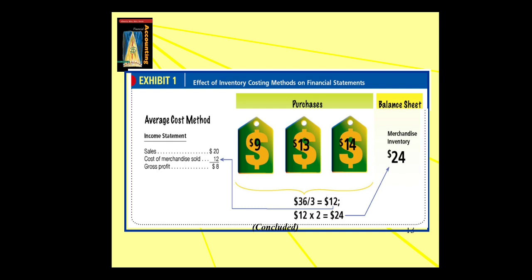So when the business sells something, the revenue is $20, and when you show the cost of goods sold, you show it at the average cost, which is $12. So the gross profit of this business is $8. How much is ending inventory? Ending inventory is 2 units. So 2 units times $12 per unit average cost equals $24.